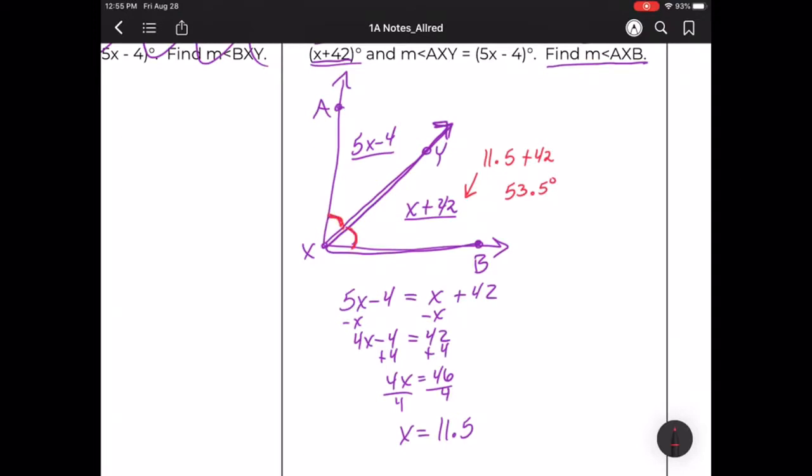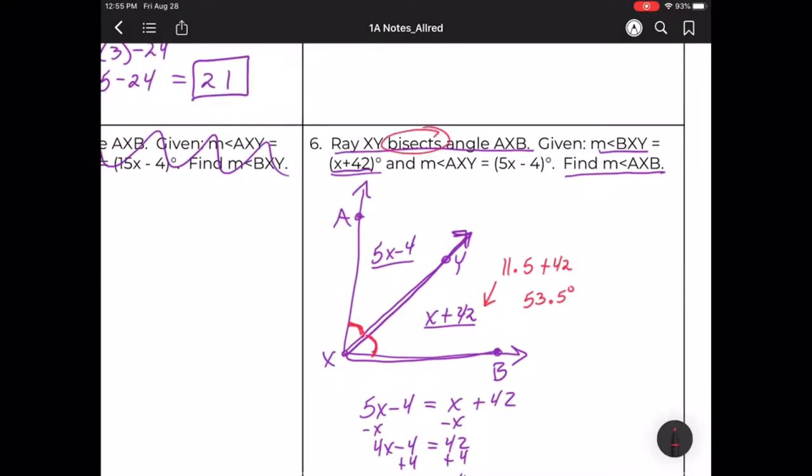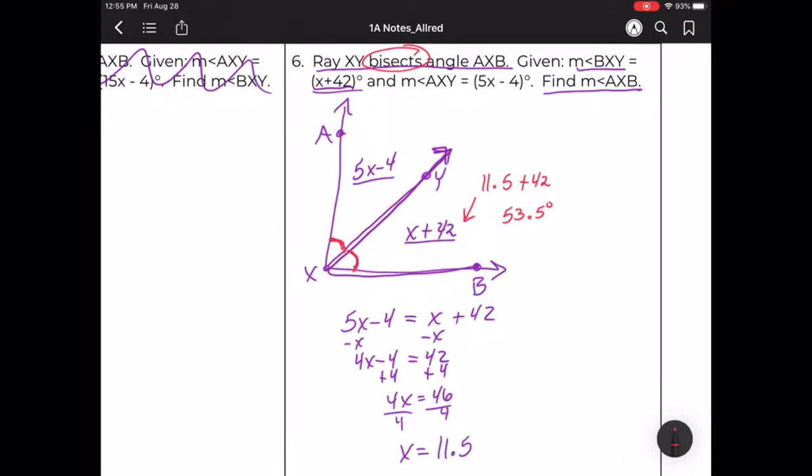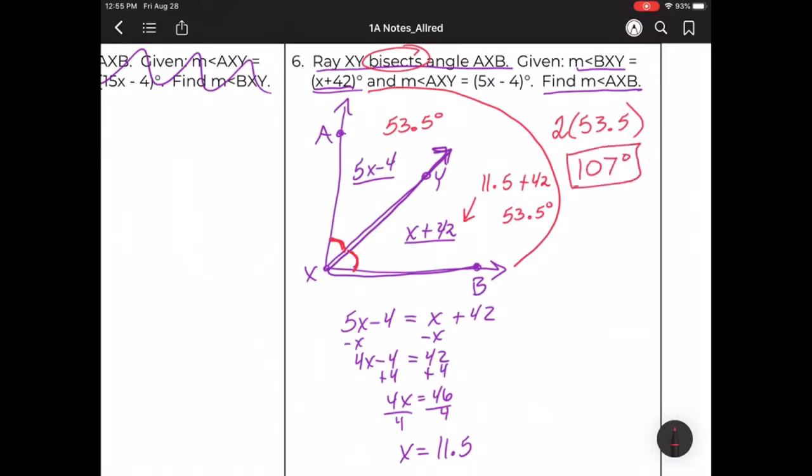But because these are congruent angles from the word bisect, we know that this is also 53.5 degrees. So whenever I combine those for my total angle, AXB, if I do 2 times 53.5, I should get 107 degrees.